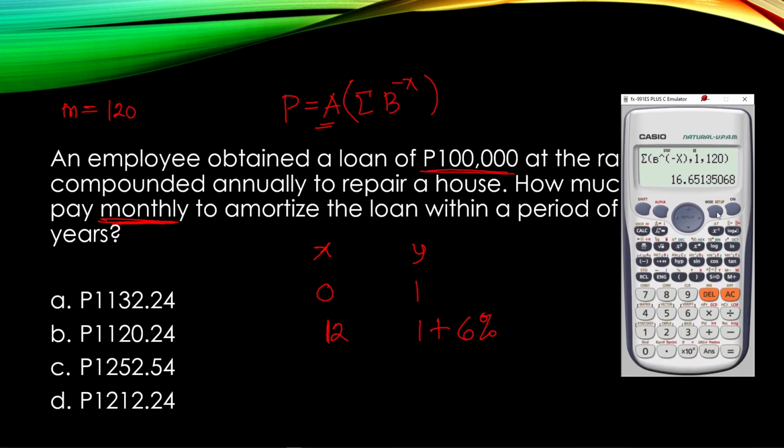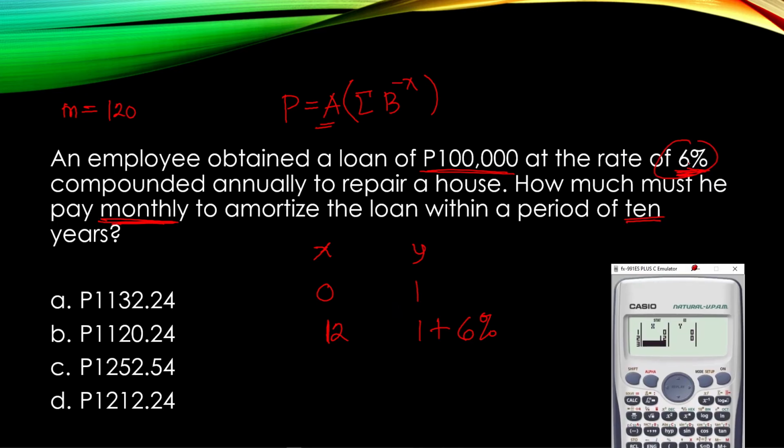So, balik natin. Mode 3, 6, 0, 12. Tayo dapat yung mag-adjust kasi nga annual ito, compounded annually. So, gagawin na lang natin tong months instead of years para effective rate ito.